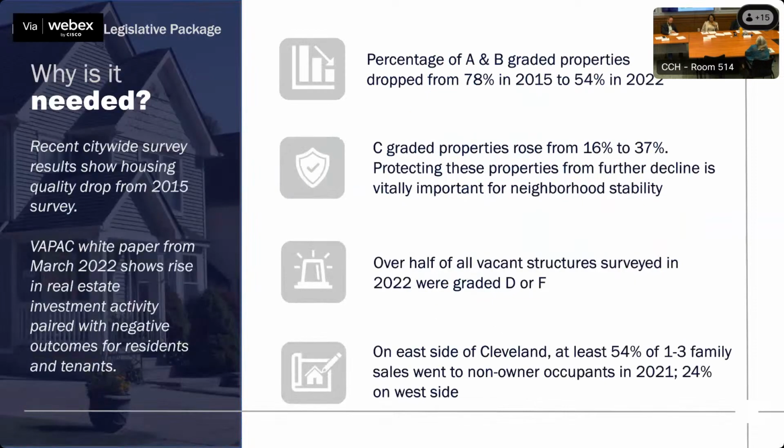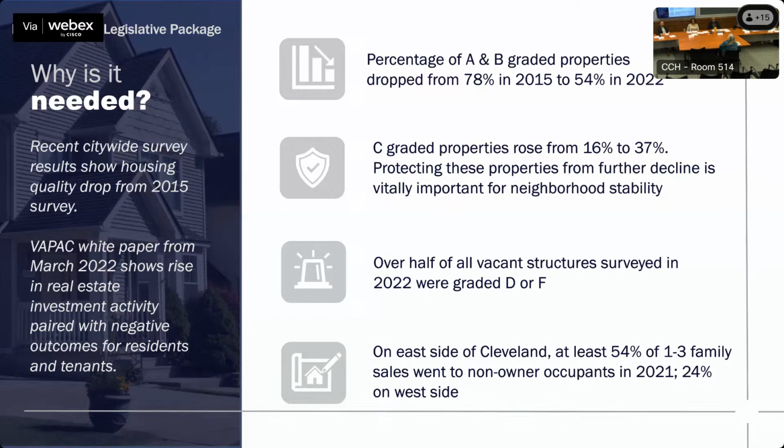We did a door-to-door property survey over the winter. We assessed all 167,000 parcels in the city of Cleveland, rating things on a letter grade of A through F, also whether properties were vacant or occupied, and looking at infrastructure conditions. What we learned was that the percentage of A and B rated properties dropped from 78% in 2015 to 54% in 2020.